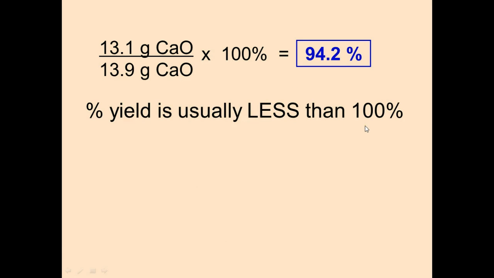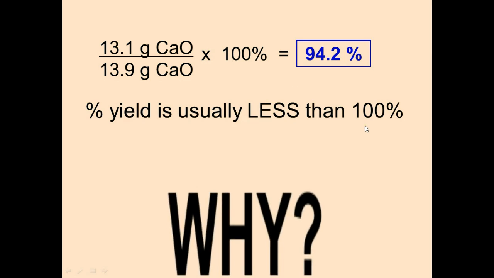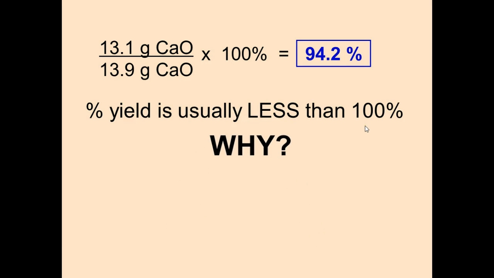A reaction can only go up to completeness; we can't react more than what we have. So percent yield can only be 100 at most. It cannot be anything greater than 100.